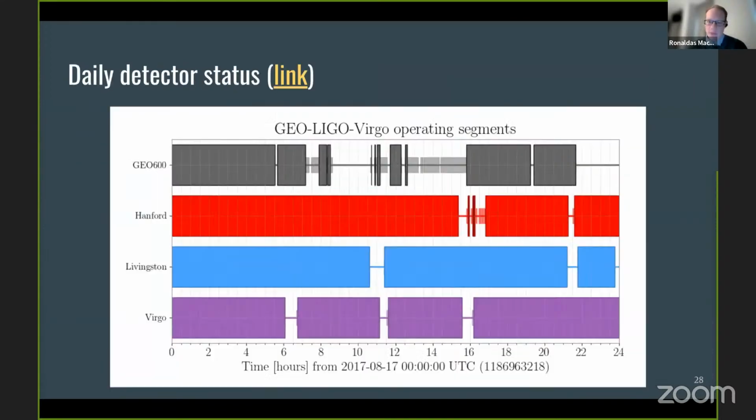If I go to this spot right here, a lock loss means that the detectors are not observing anymore. This happens because something bad is happening with the detector. If there's an earthquake, the ground is moving, and we're not able to keep the detector stable anymore. Because of that, we lose the interferometer, and we are not observing anymore. So earthquakes are really a huge problem.